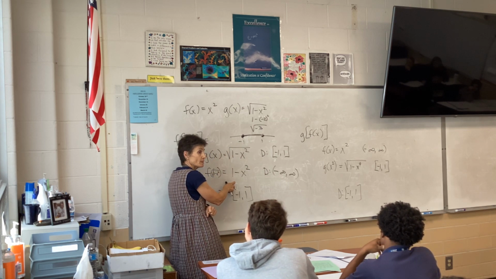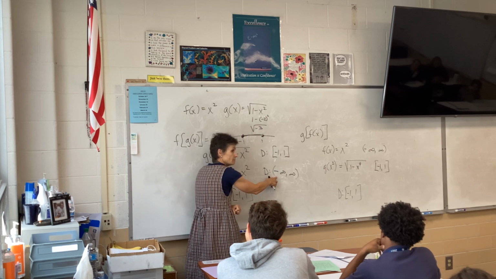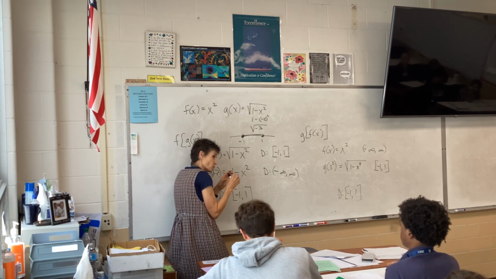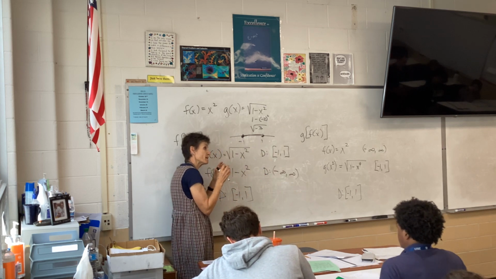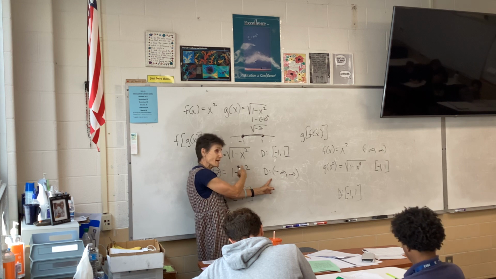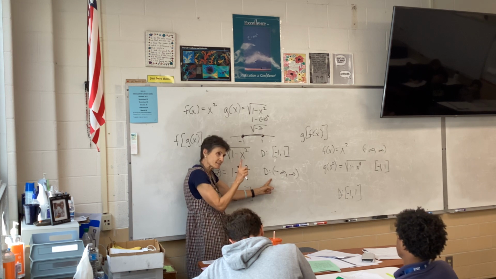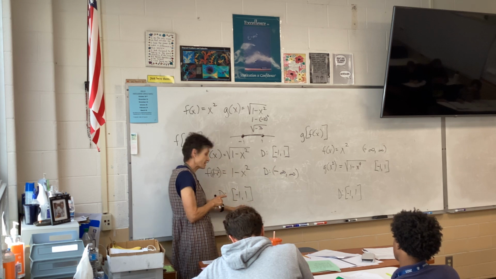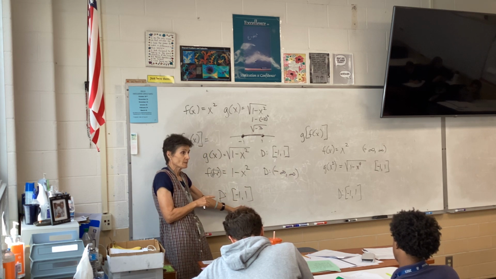What's the domain of that? All real numbers. So this is one of those problems where you gotta be on top of things, because if it says what's the domain, you might be tempted to say the domain is all real numbers. But it's not, because you have to include this. So that's the answer to the domain.